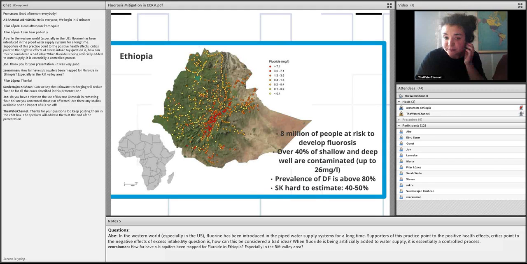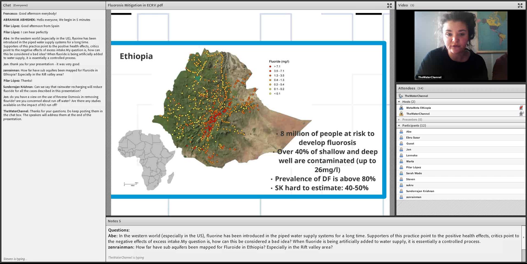There is a lot of research saying that 8 million people are at risk of developing fluorosis, and over 40% of shallow and deep wells are contaminated with up to 26 milligrams per liter of fluoride. The prevalence of dental fluorosis is also above 80% in these areas where people rely on drinking water with high fluoride concentration.